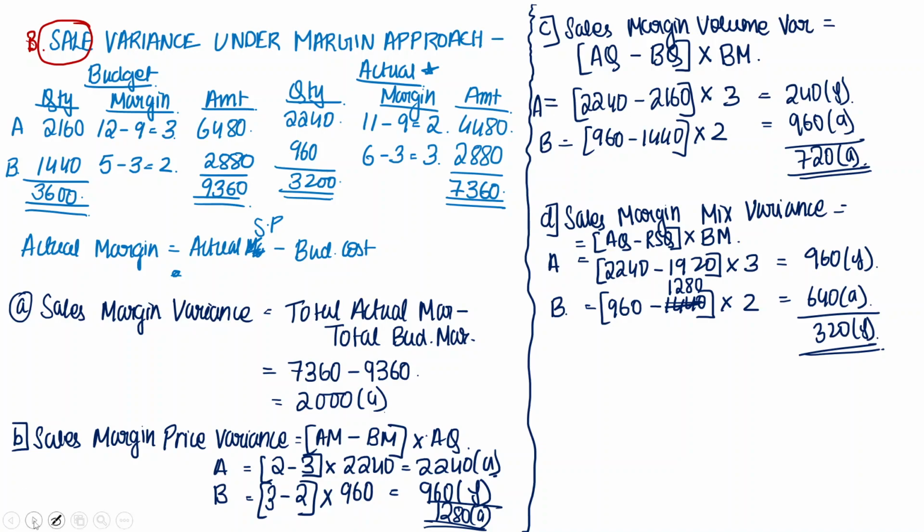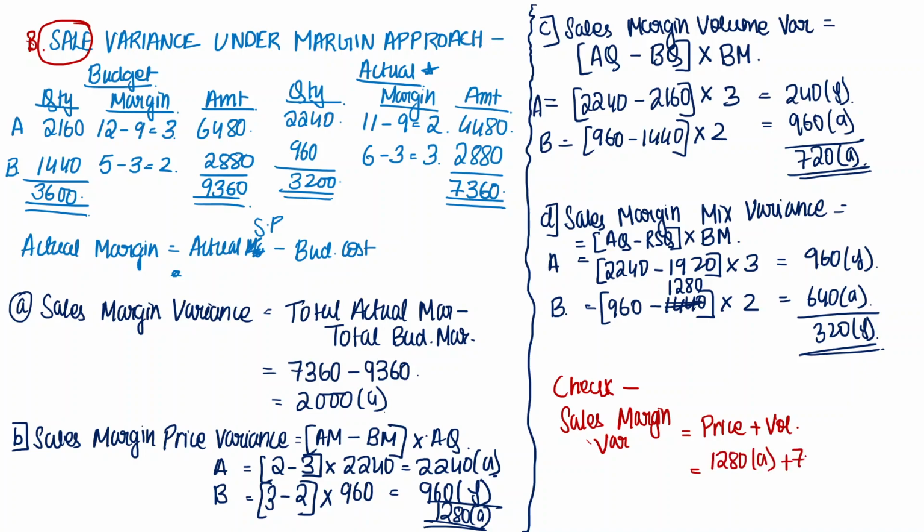Same check again. Sales margin variance is equal to price plus volume. That would be equal to 1280 adverse plus 720 adverse, which is 2000 adverse.